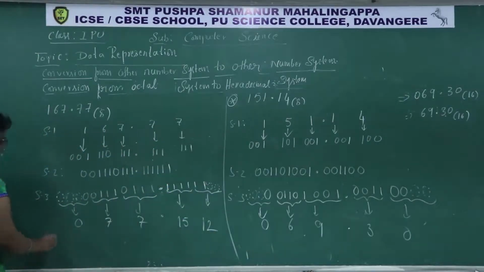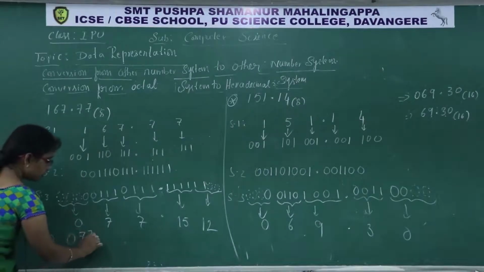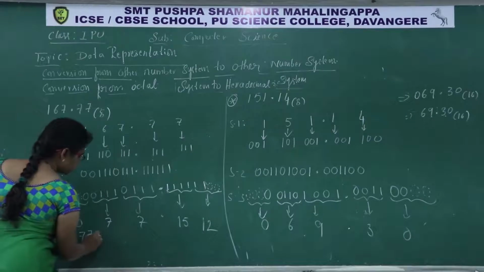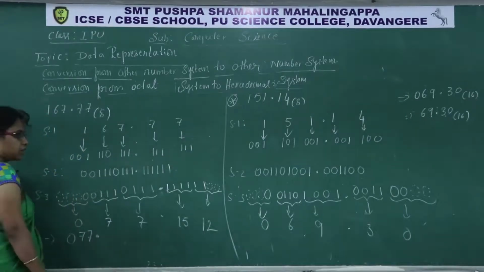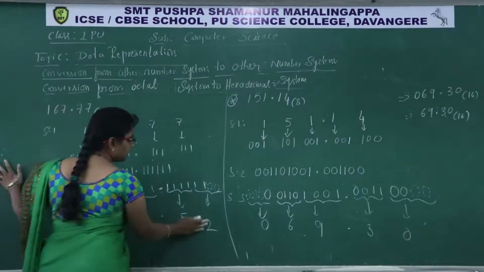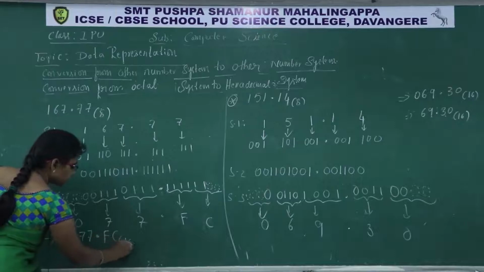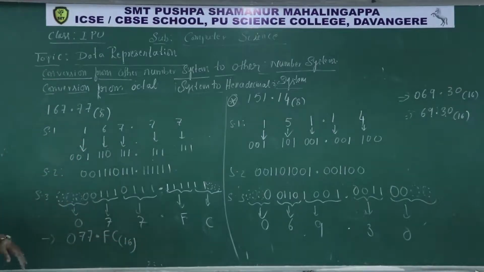And it can be written as 077.15. What is 15 in hexadecimal? F. I must replace it with F, and 12 is C. So the answer is 77.FC base 16. I hope you understood how to convert the octal number system to hexadecimal.